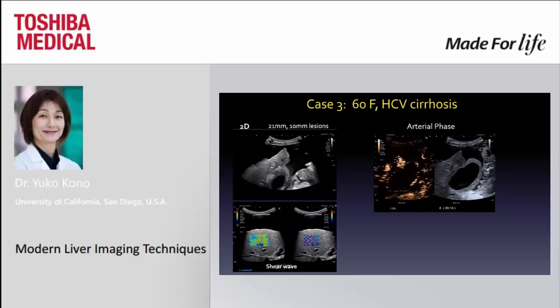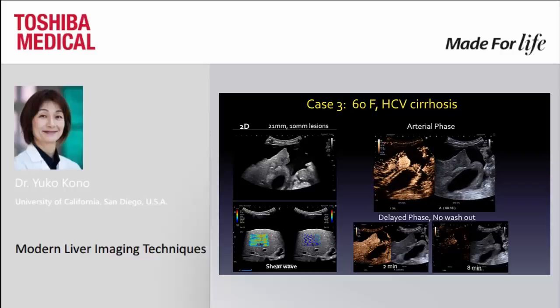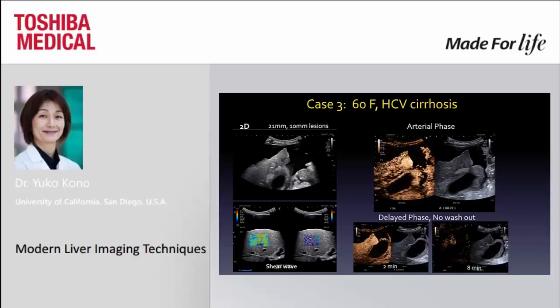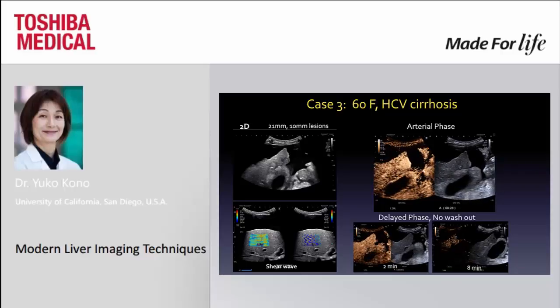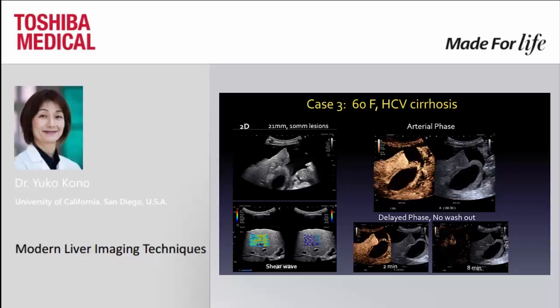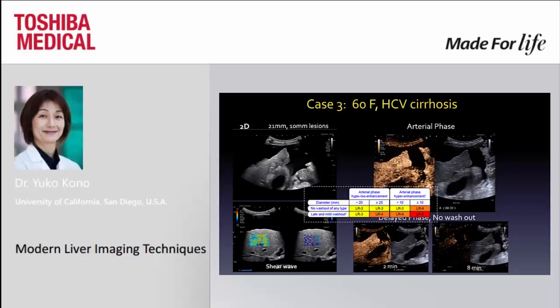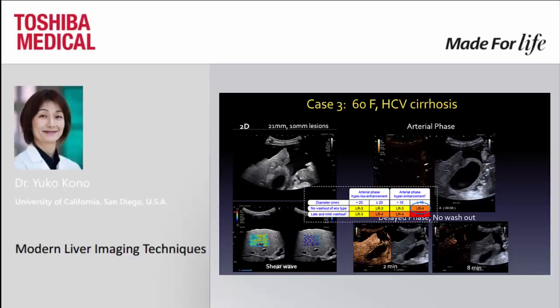They both enhance very hypervascularly in arterial phase, and these lesions do not wash out. So this is 2 minutes, and if I can convince you, 8 minutes, we are losing contrast from the parenchyma, but the lesions are actually still enhancing. So these lesions are hypervascular with no washout. So these are LI-RADS 4 lesions, but this is basically HCC. Like I said, LI-RADS 4 can include HCC.